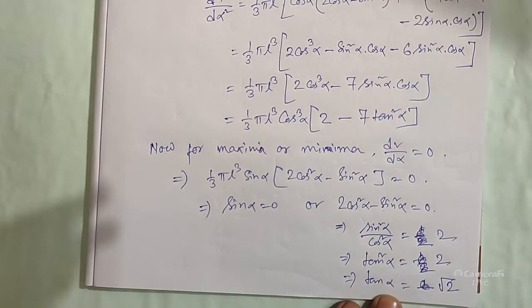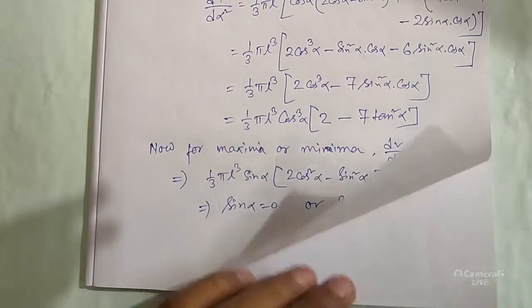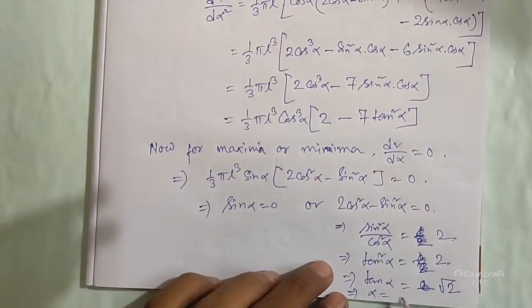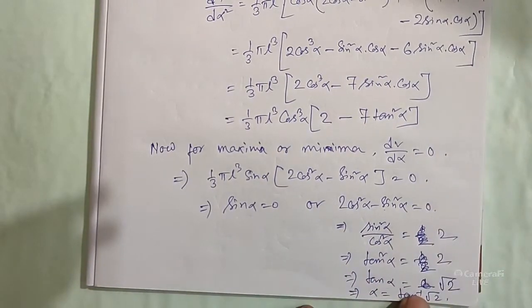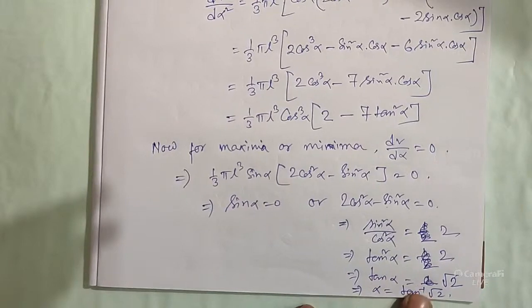So tan alpha value is root 2, therefore what will be the value of alpha? Alpha equals to tan inverse root 2. Now at this point we have to find the value of d2V by d alpha 2.